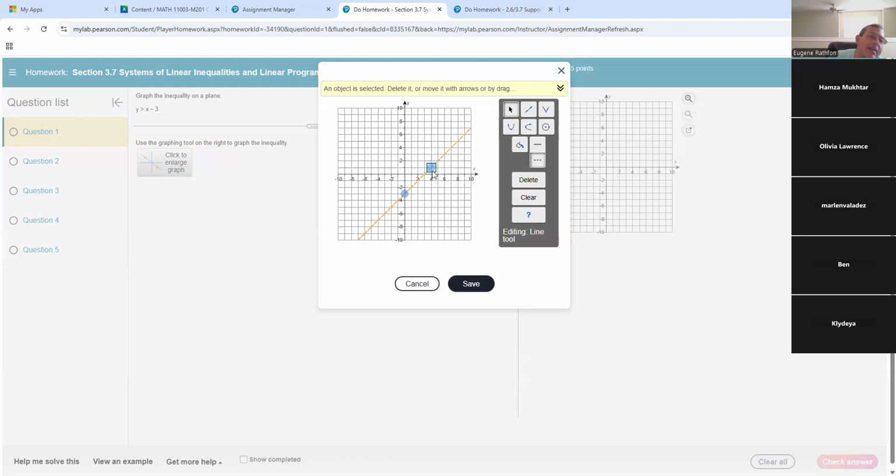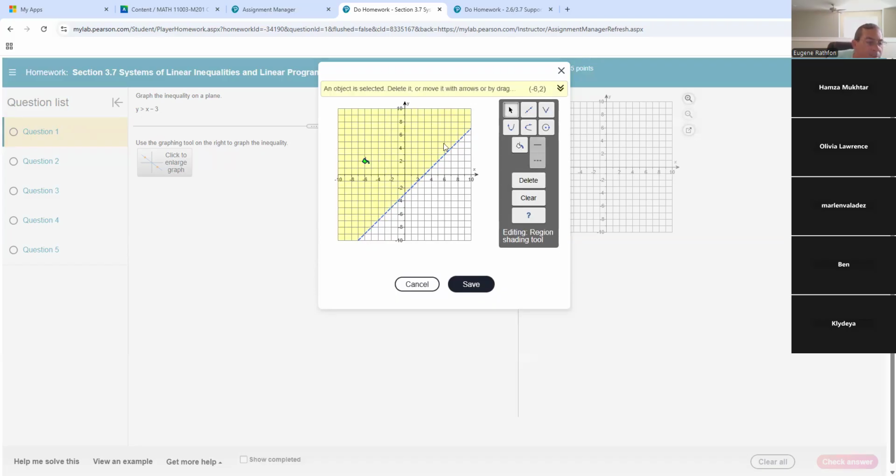So now we got to decide whether we're going to shade above the line or below the line. We got greater than on this one, so we're going to highlight that little region shading tool, which looks like a paint can. Grab that paint can, go anywhere above the line, and click.